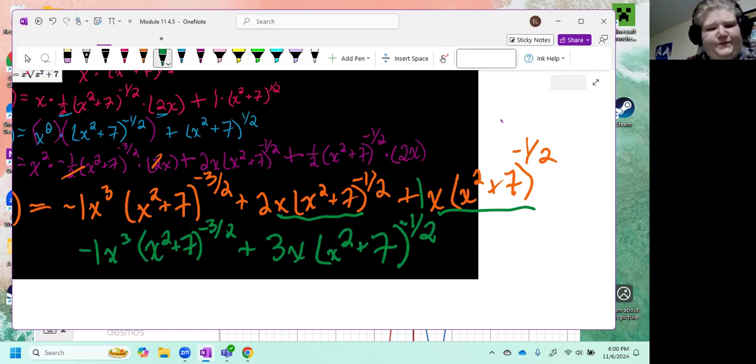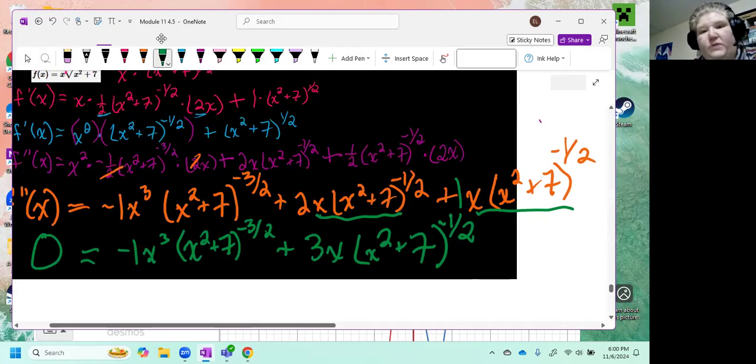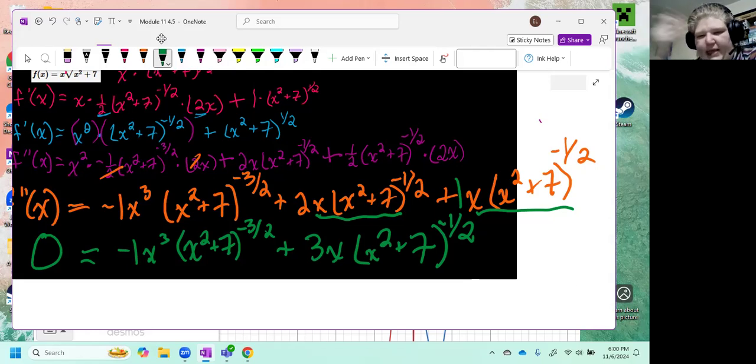All right. We are supposed to set this equal to 0 and see what we can see. Dealing with fractional exponents is complicated.